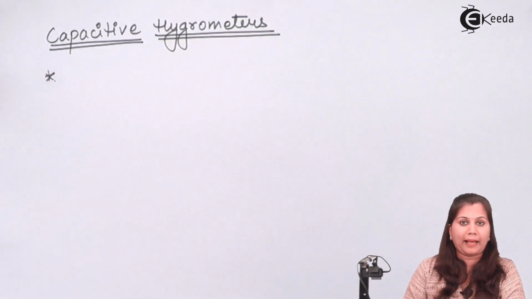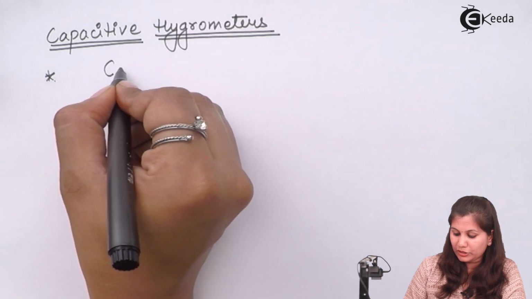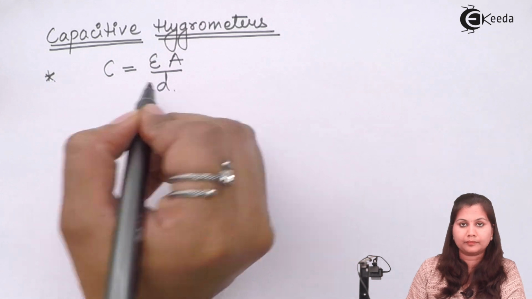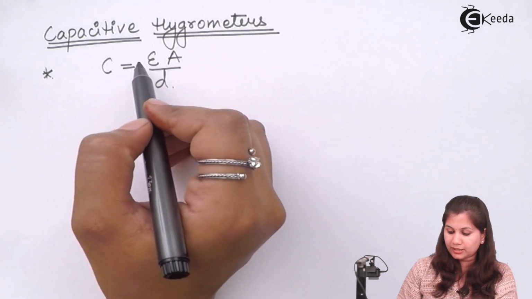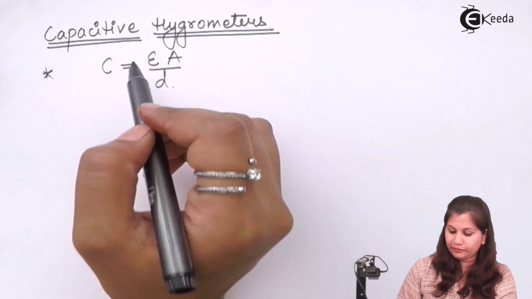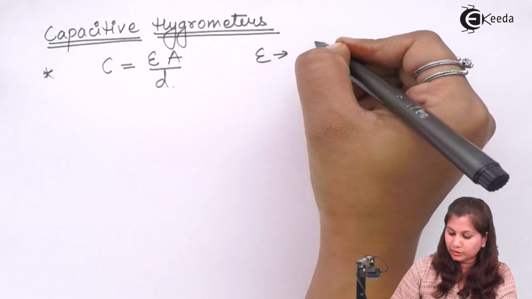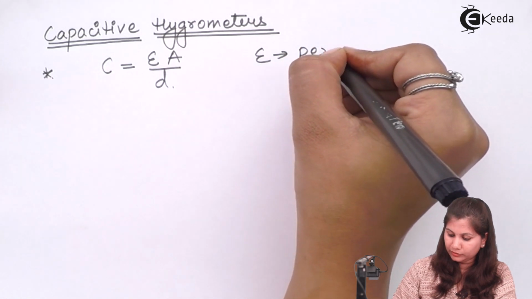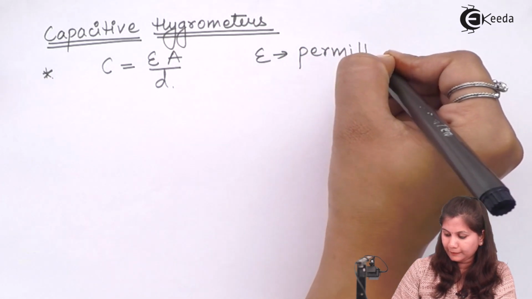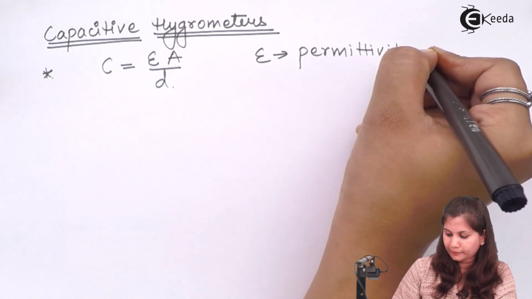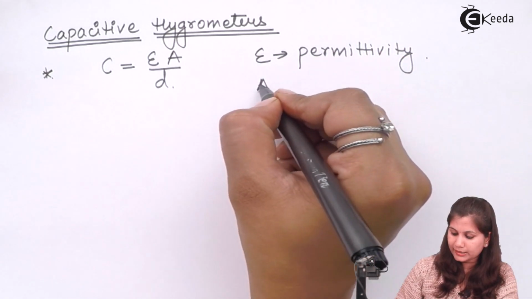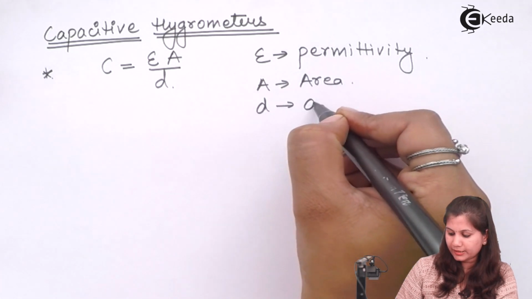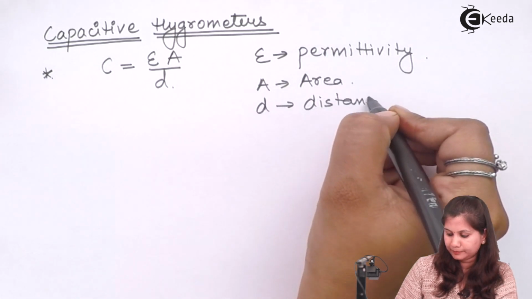Now we know that capacitance is given by the equation C equals epsilon A by D, where epsilon is the permittivity, A is the area, and D is the distance between the plates.